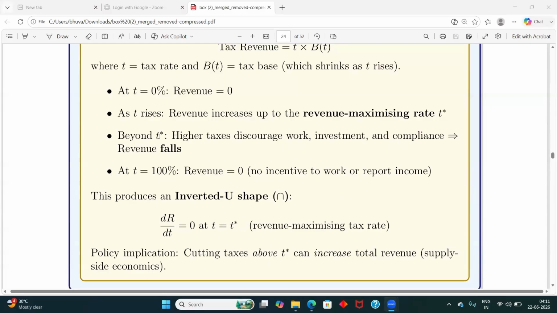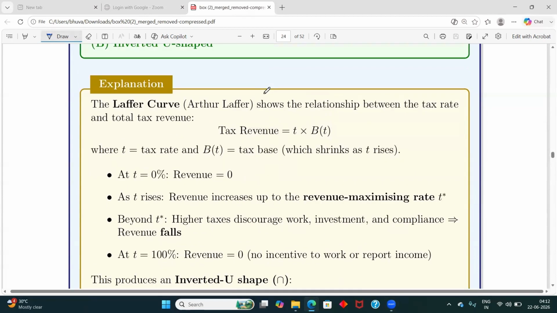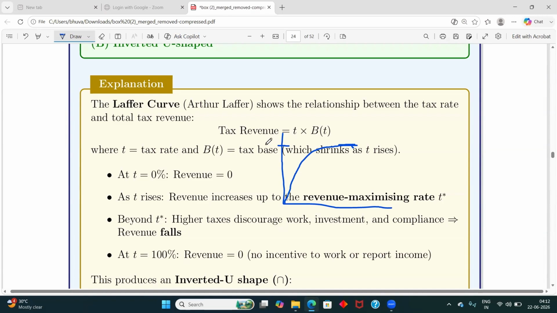Let's see the graph of this. We can draw it. At 0, revenue is 0. As tax increases, revenue increases in this manner, and this is the maximum level, the maximum level of revenue. Suppose the tax rate here is 20, 30, whatever you think.